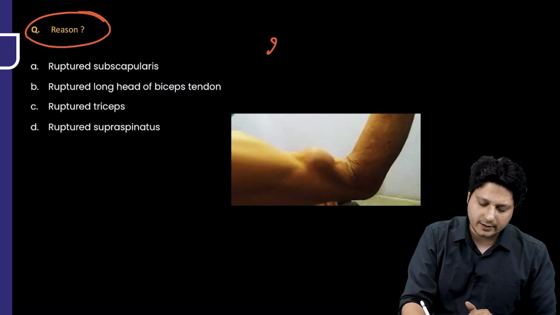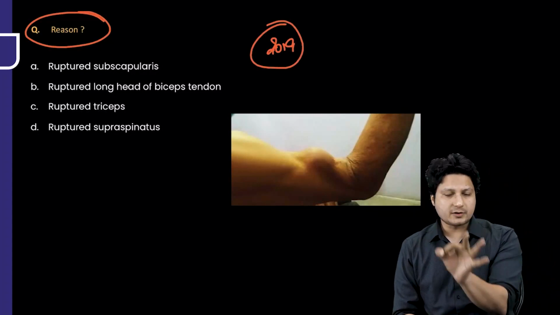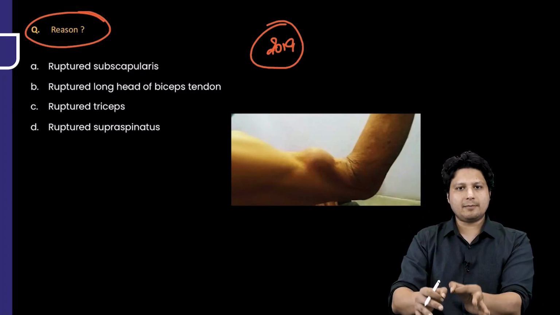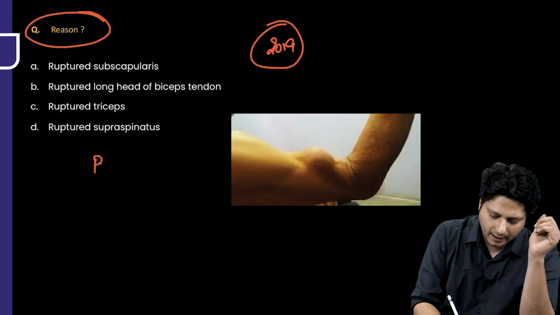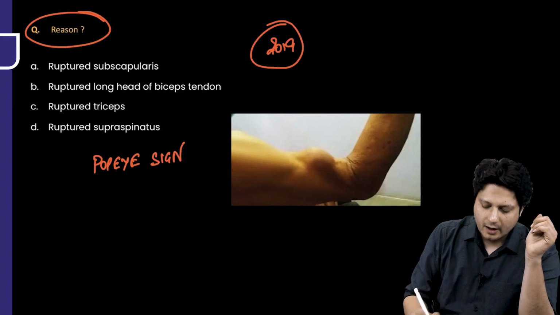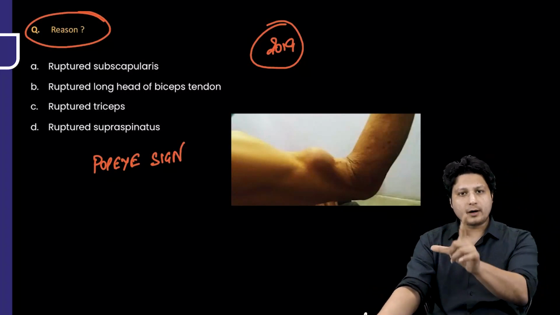And in the 2019 NEET PG examination, that means an All India examination, they asked this question for the first time. Just by giving you the picture, they asked what is the name of the sign. The name of the sign is popeye sign, and what is it because of? It is because of the rupture of the long head of the biceps.